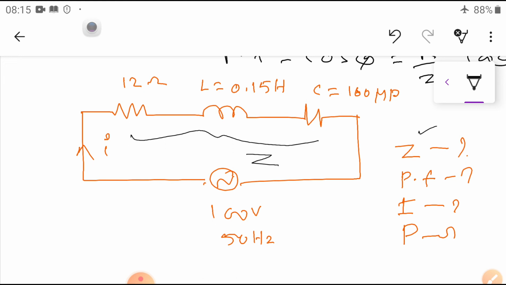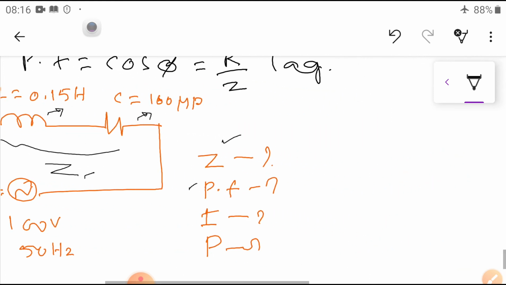Before going to the Z, you convert into ohmic value. If you know the ohmic value, Z is easily calculated. If you know the Z value, V by Z gives the current. If you draw the impedance triangle, you find the phase angle and power factor. Then if you know the current and the resistance, power is equal to I square R.